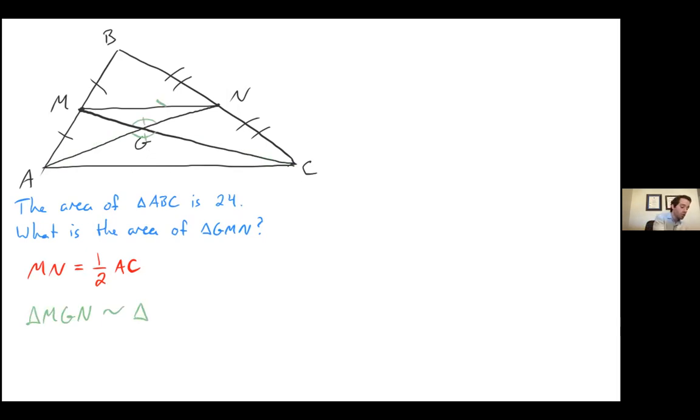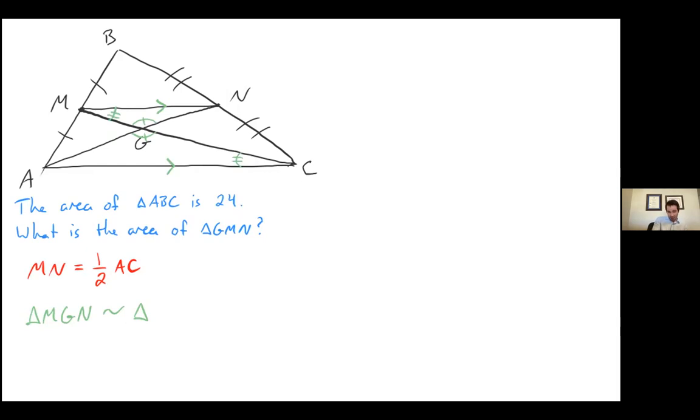We also know that MN and AC are parallel because of the mid-segment theorem. What this tells us is that by alternate interior angles, this angle and this angle are also congruent. Because we've shown that triangles GMN and AGC have two angles in common, that's enough to show that they're similar.